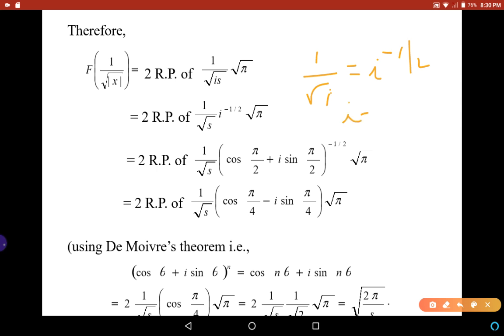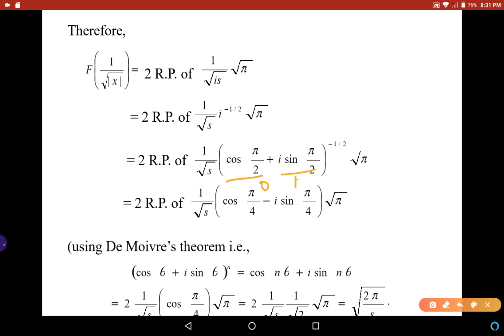And this i can be written as cos pi by 2 plus i sin pi by 2, because cos pi by 2 is 0 and sin pi by 2 is 1.